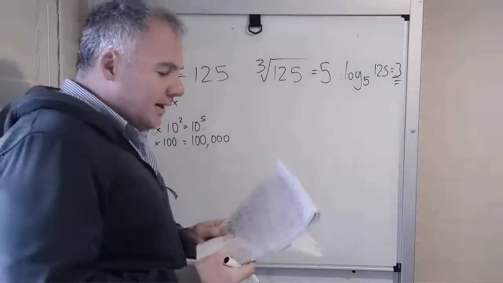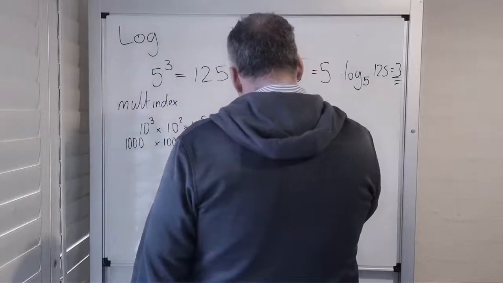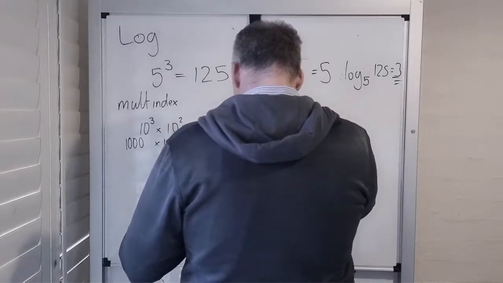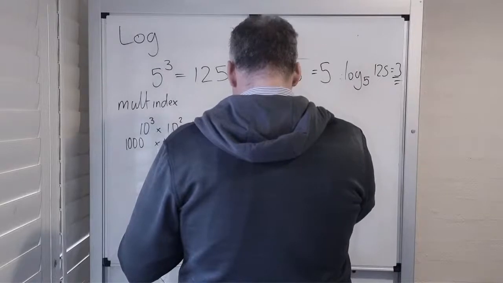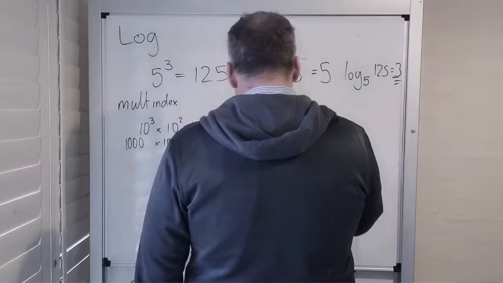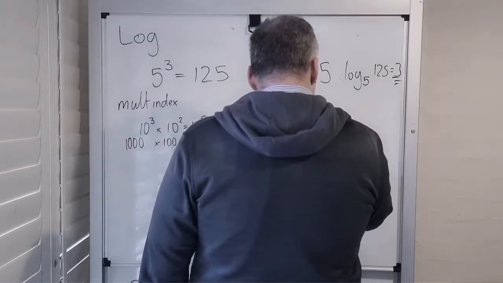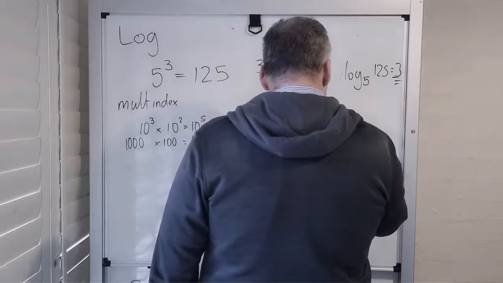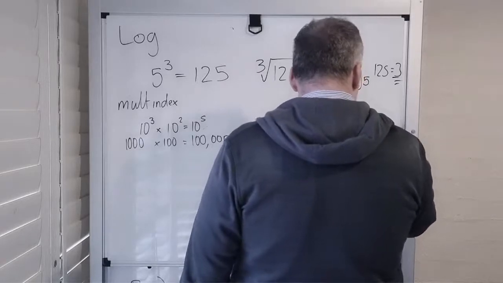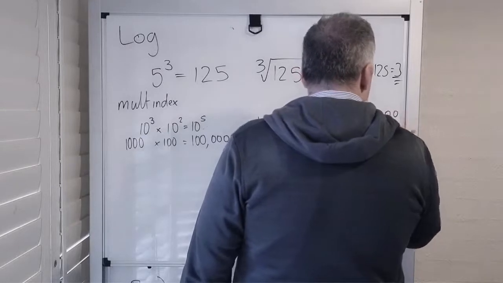In logs, we'd write that as log 1,000 plus log 100 equals log 100,000.